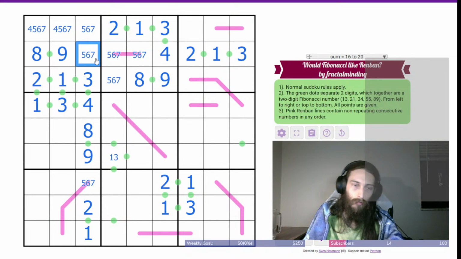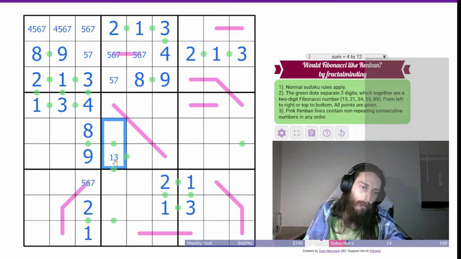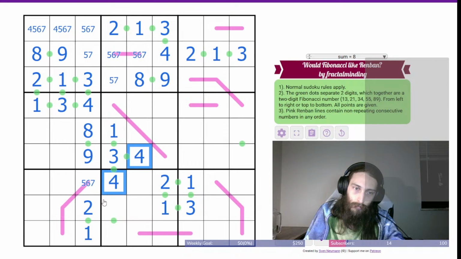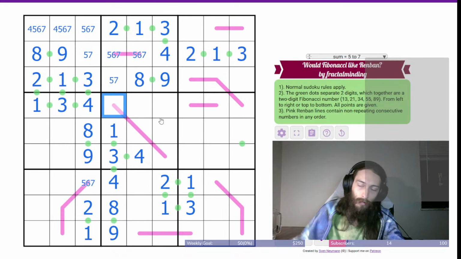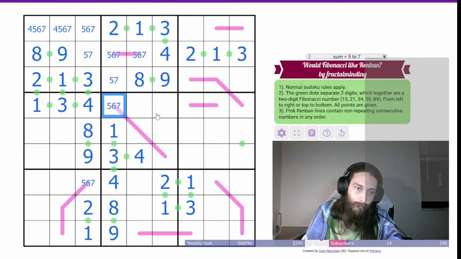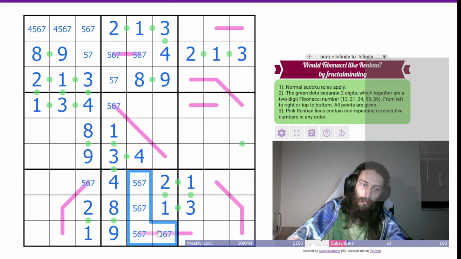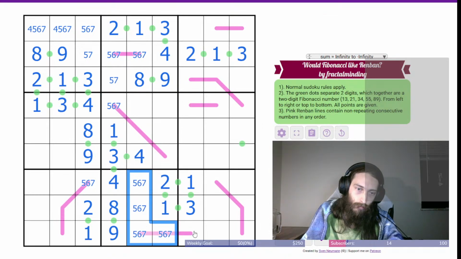Well, that has to be 6, so neither of these can be. You can't go 21, so it has to be 13, and a pair of 4s. Can't do 13, 21, or 34, so this has to be 8, 9, 5, 6, and 7. 5, 6, 7, and a 3.